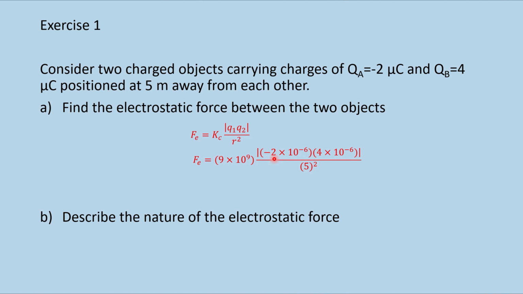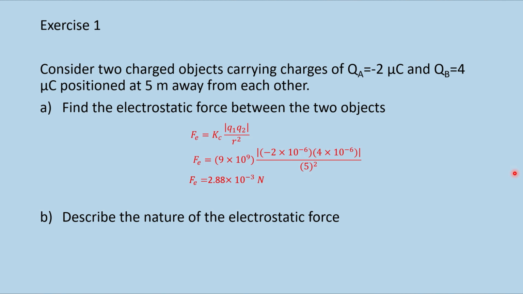Q1, we replace it, negative 2 times 10 to the power of negative 6 after we convert it from microcoulombs to coulombs. We do the same thing for the charge of B, 4 times 10 to the power of negative 6, converted, over 5, which is R, to the power of 2, or 5 squared. And we get the answer as 2.88 times 10 to the power of negative 3 newtons.